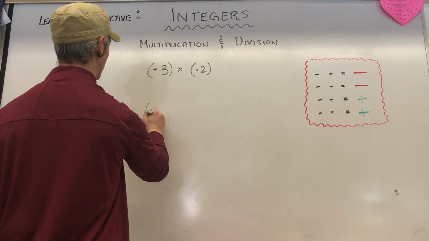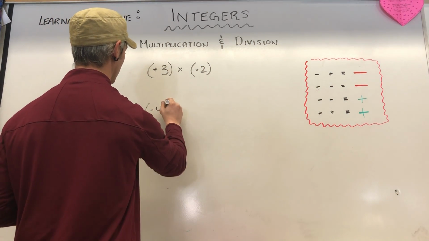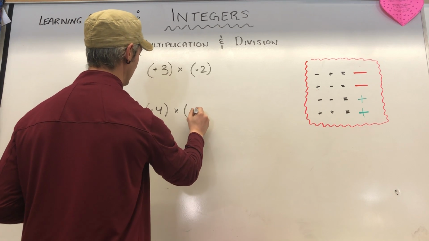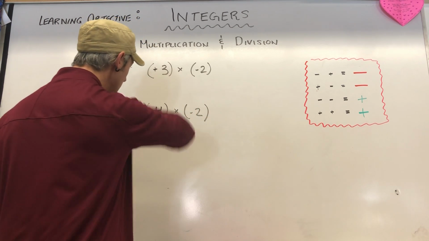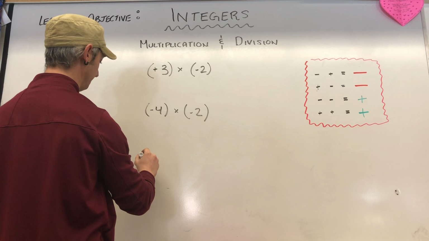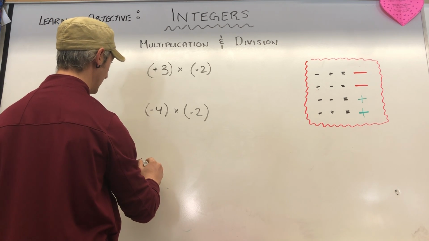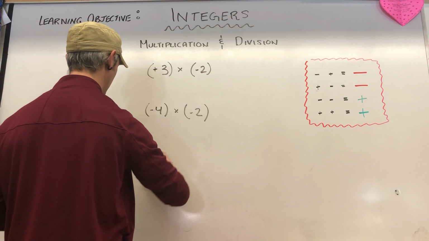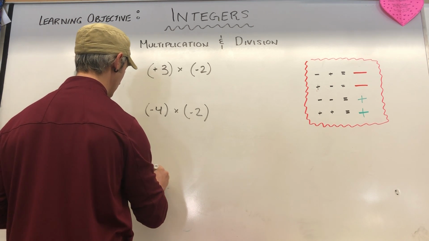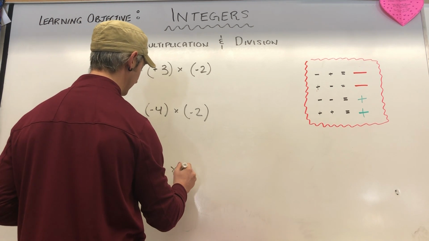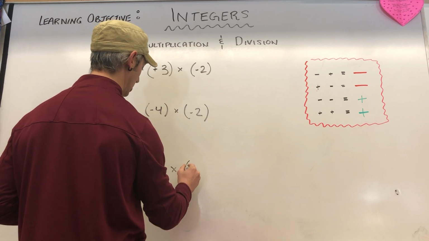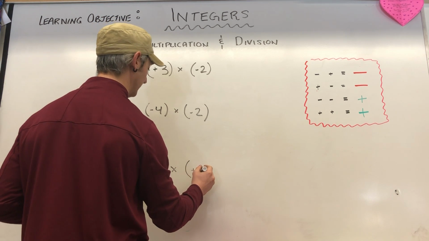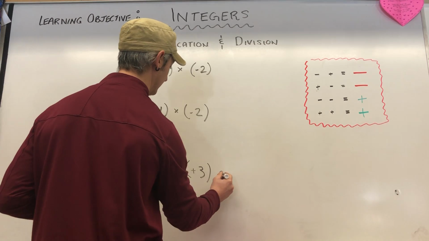Or, negative 4 times negative 2. Or, positive 2 times negative 3. Or, negative 3 times positive 3, okay?